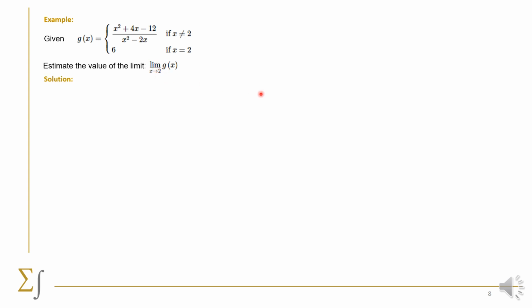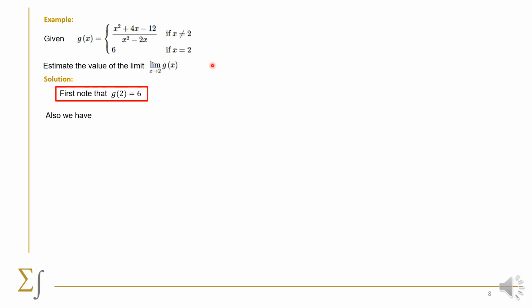Let's see our solution. We will start by taking into account that g of 2, if x equals 2, is given clearly in front of us, it is 6. Okay, now let's take limit g of x as x goes to 2. We will do this again by plugging in values so that you understand the concept of limits.